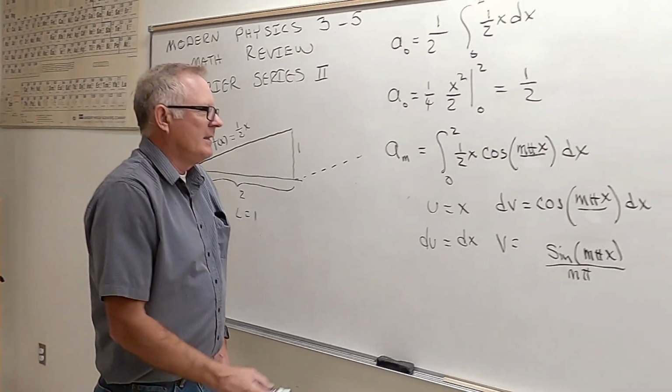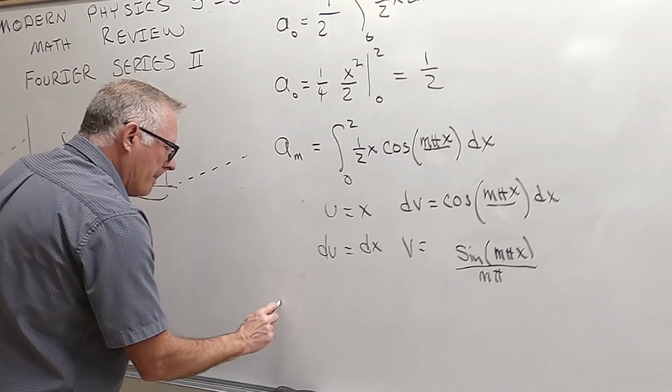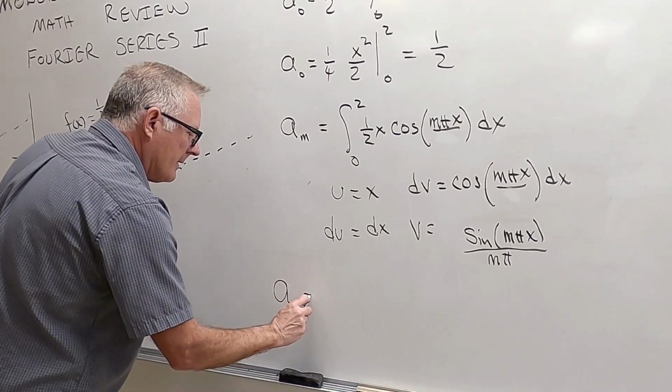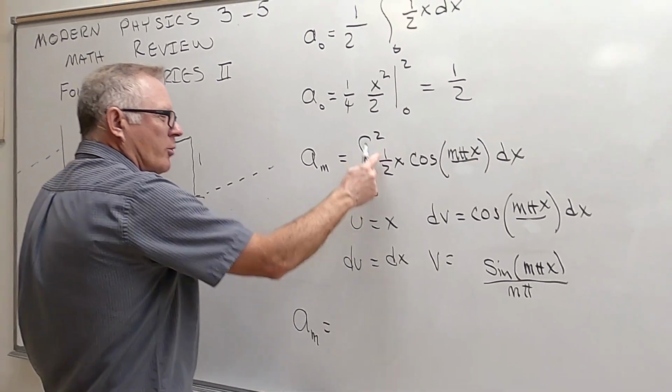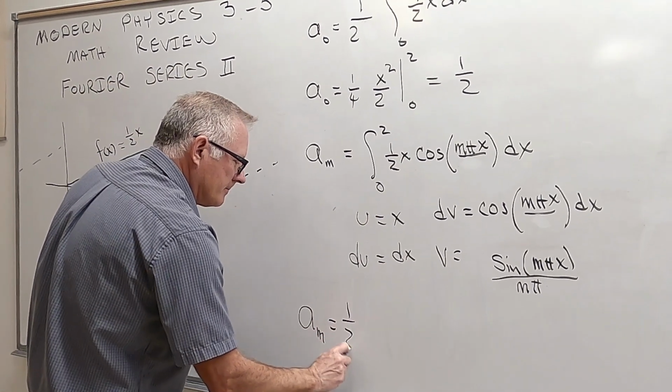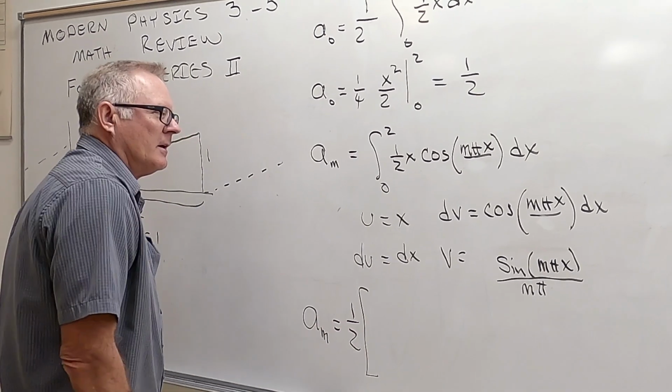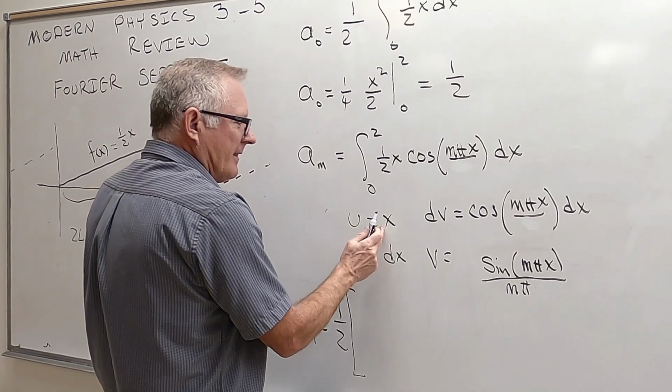Okay, so that means a sub m is equal to, I pulled out the half, then we got uv, so we got this times this.